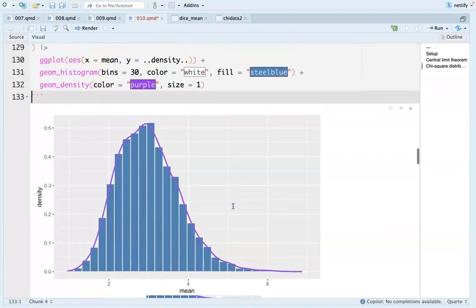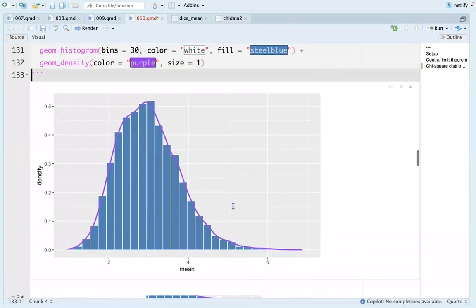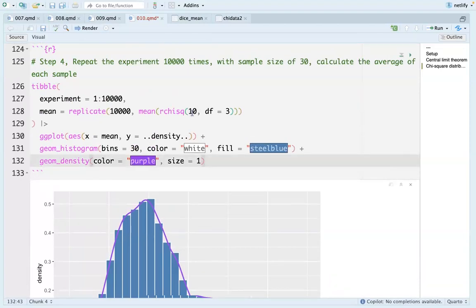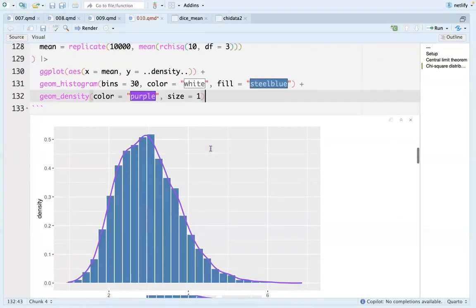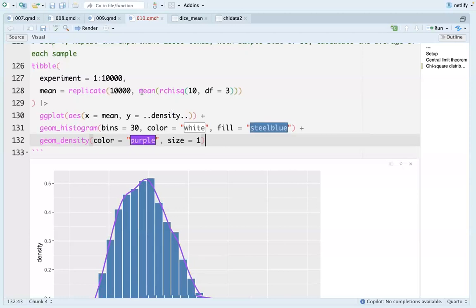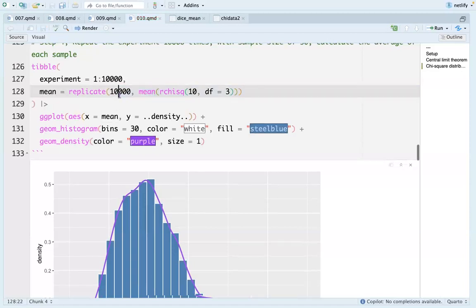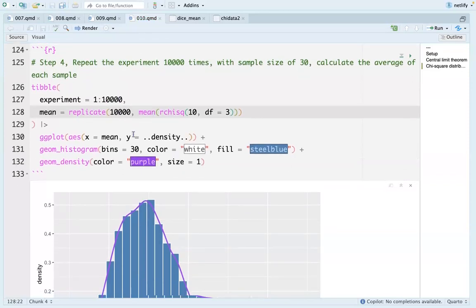You can see in this case, in each experiment, we got 10 data, and the 10 data is roughly chi-squared distributed. With each, we take a mean, an average value, and we repeat 10,000 times, so we got 10,000 means.